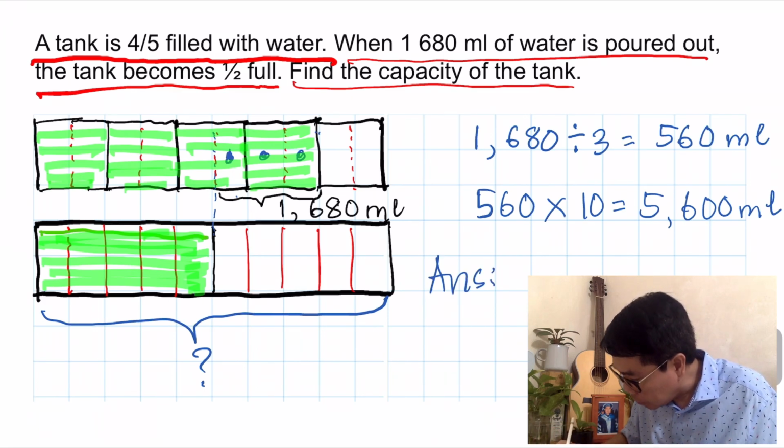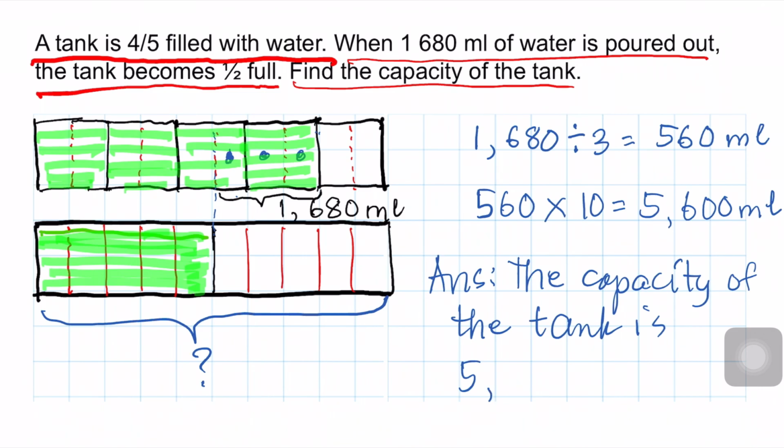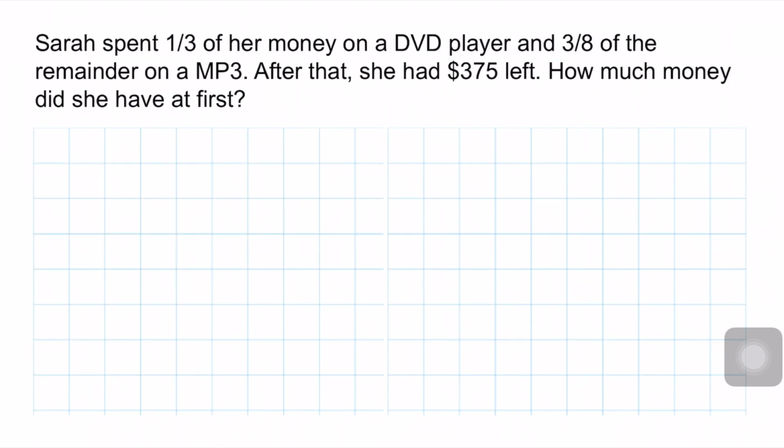The capacity of the tank is 5,600 ml, or if we will write it in liters, 5.6 liters. Okay, we're done with problem number 2. Let's proceed to problem number 3.